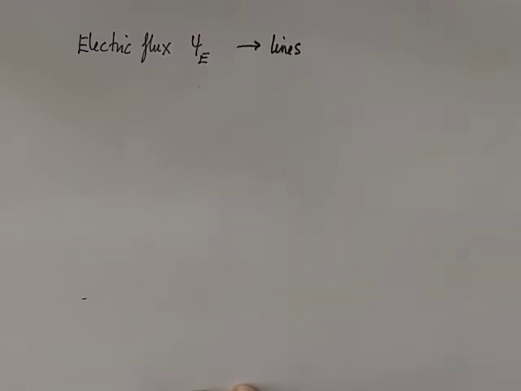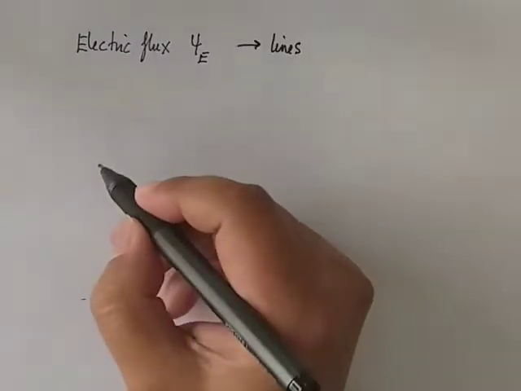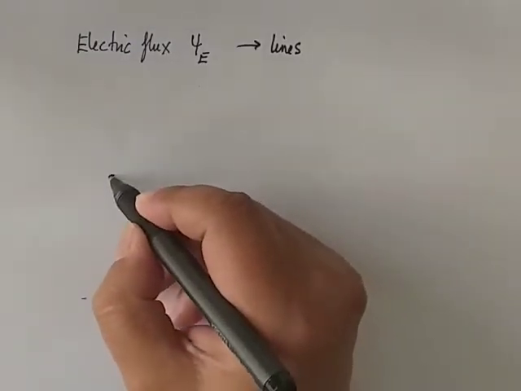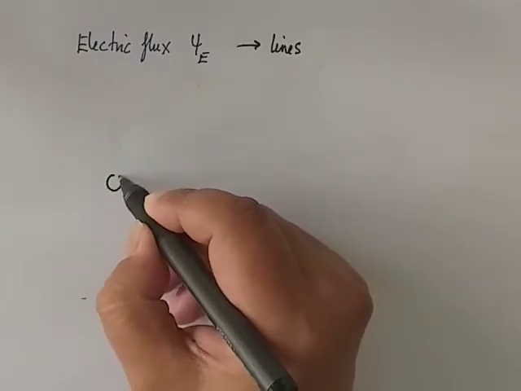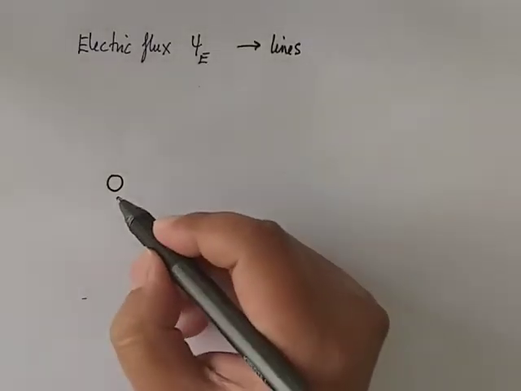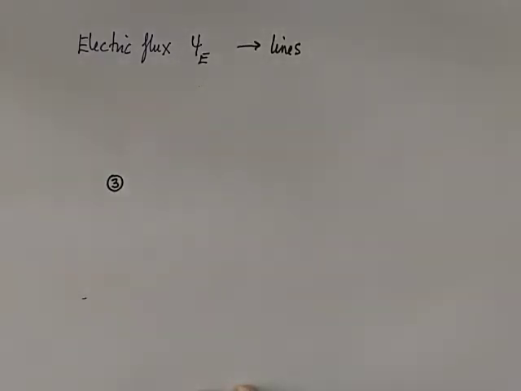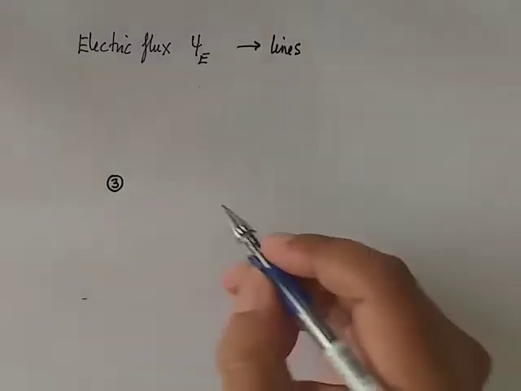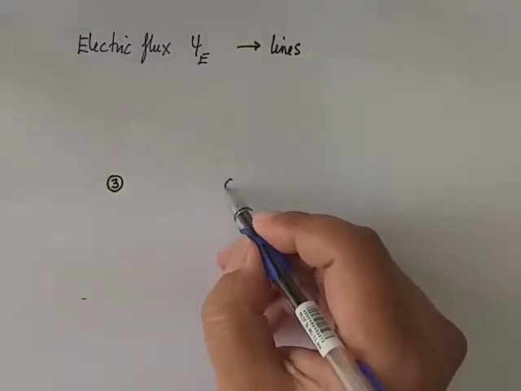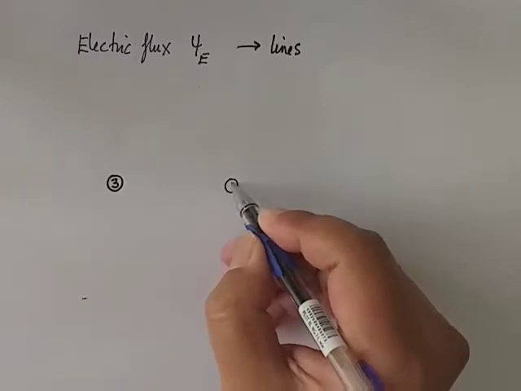Okay, let's understand further with this analogy. Let's say you have 3 different point charges. The first point charge, let's say I'm saying it to be black in color. Let's say the value here is 3 coulombs. And then the second point charge, for the sake of comparison, let's make it 5 coulombs.